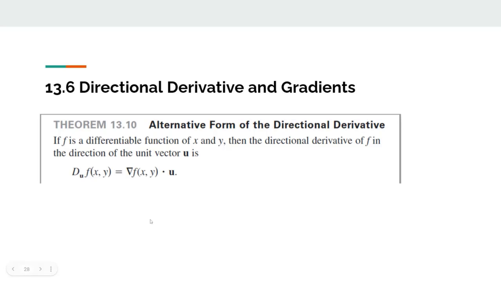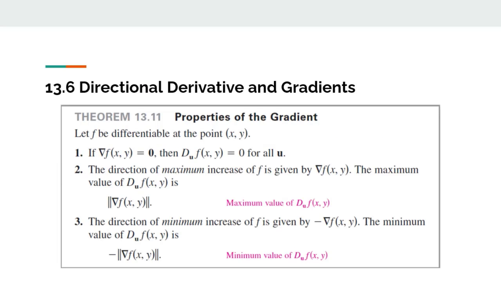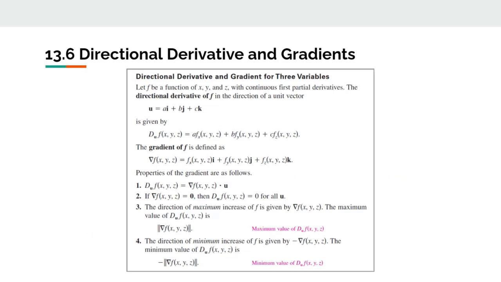So the directional derivative is maximized when u and del f are parallel, and minimized when they're 180 degrees apart, anti-parallel. And this is the exact same thing for the gradient of a function of three variables.